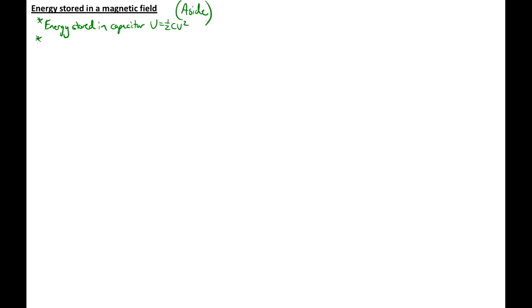We also had energy density in an electric field, which could be between the two plates of a capacitor, the same sort of idea. And I'm just going to put those two equations up there just so you can see as we work through magnetic fields and inductors and get some similar equations, you can kind of see how they compare. In this particular case, the energy density little u was equal to 1/2 epsilon naught E squared.